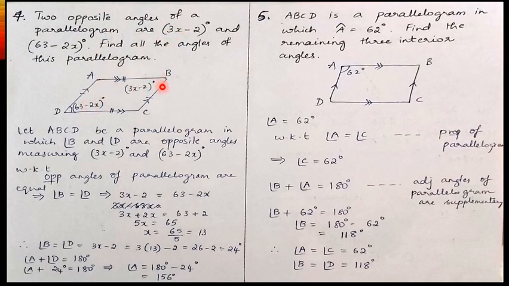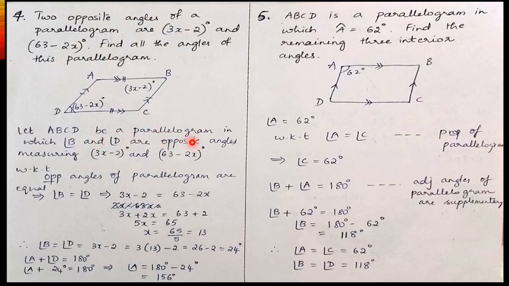If I take angle B, the opposite angle of that is going to be angle D. So the given measurements 3x minus 2 will be for angle B and 63 minus 2x for angle D. Suppose you write it for angle A, you will be writing the other measurement for angle C, because it is clearly given that these are two opposite angles of a parallelogram.